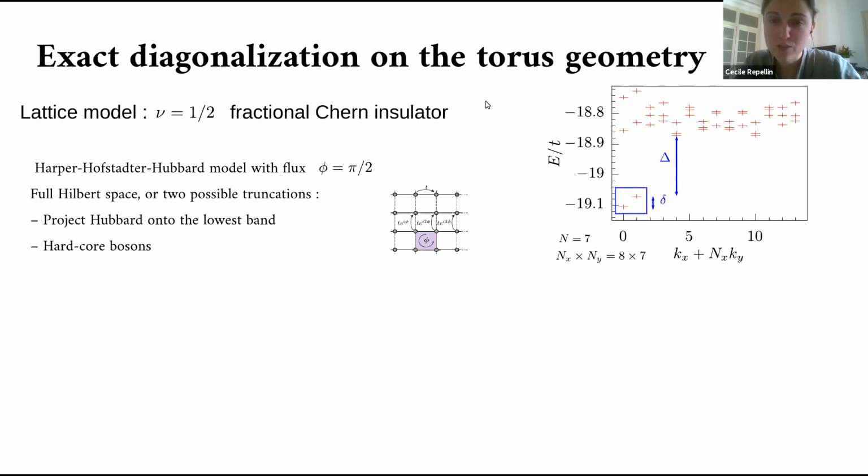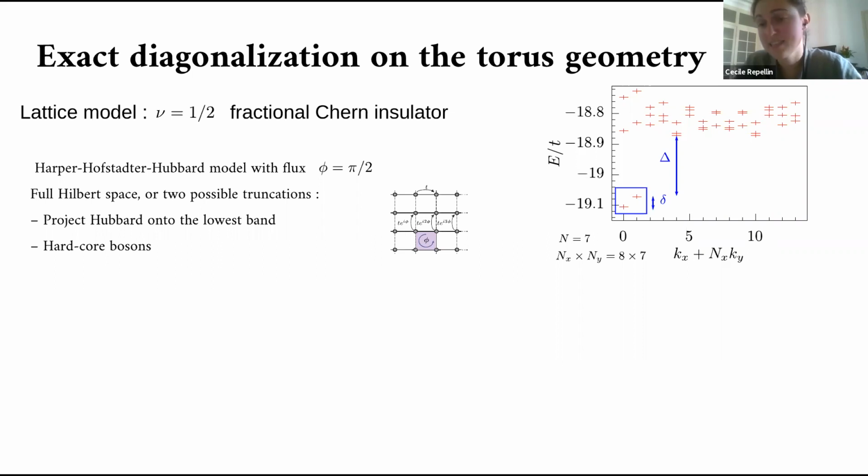But here you can see that there's a finite splitting of energy between the 2 low energy states. I promised you a ground state degeneracy in the case of topological order, and in this case of a 1/2 fractional Chern insulator. But it's only an exact degeneracy in the thermodynamic limit.